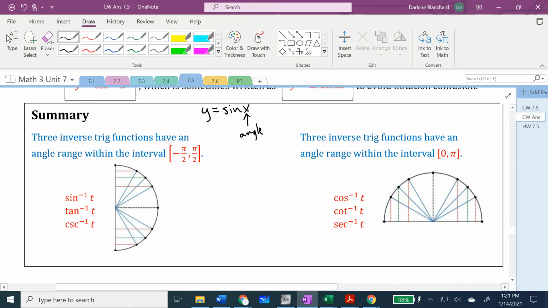When it comes to inverse sine, its output is an angle. And you need to know that you are only allowed to answer angles that are either from 0 to pi over 2 or go backward from 0 to negative pi over 2.